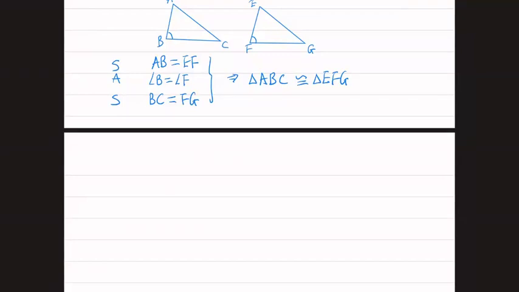At the end of last class, we introduced the isosceles triangle. It's a triangle with 2 equal angles and 2 equal sides.